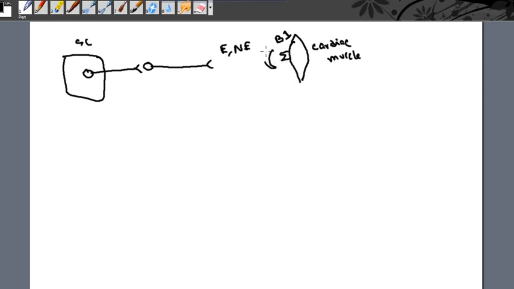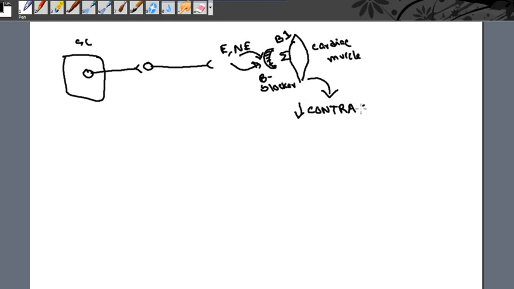But when there is a beta blocker, suppose this is a beta blocker, your epinephrine and norepinephrine now cannot stimulate this beta 1 receptor. So what happens? When beta 1 receptor cannot be stimulated, there will be decreased contractility.